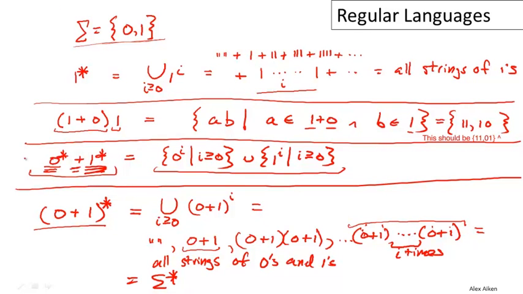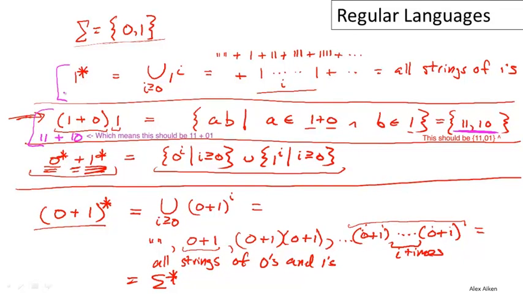One last point I want to make before we go on is that there are actually lots of ways to write each of these different languages. There's not a unique way to write these. So for example, let's take the second language that we did. Another way to write this, since we know the meaning of it is these two strings, 1 1 and 1 0, is I could have written it as 1 1 plus 1 0. And that would mean exactly the same thing. These two expressions denote exactly the same set.